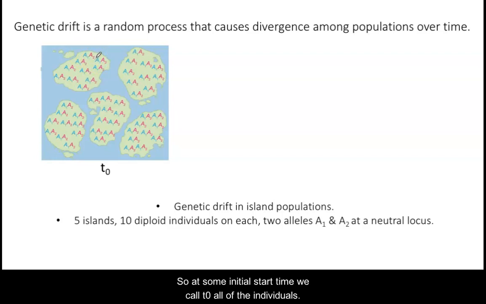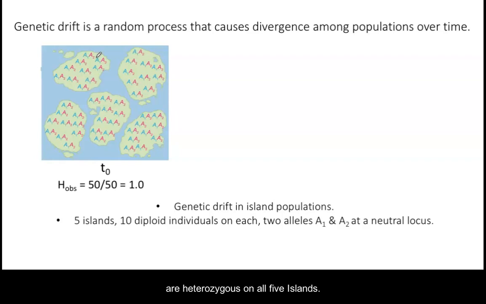At some initial start time, we call T0, all of the individuals are heterozygous on all 5 islands. If we counted up all the individuals, we'd have 50 individuals, and all of them have a copy of each of the 2 alleles. So the observed heterozygosity is 1.